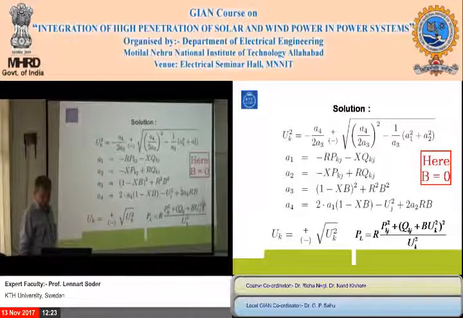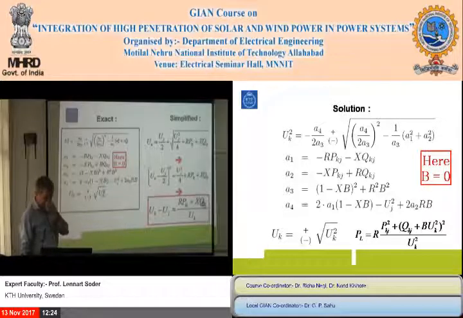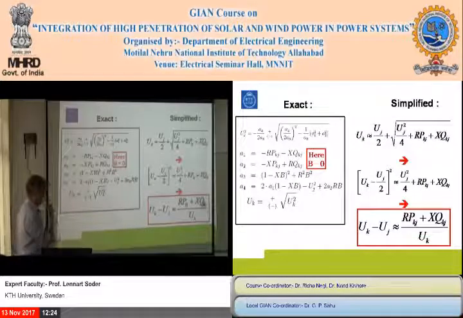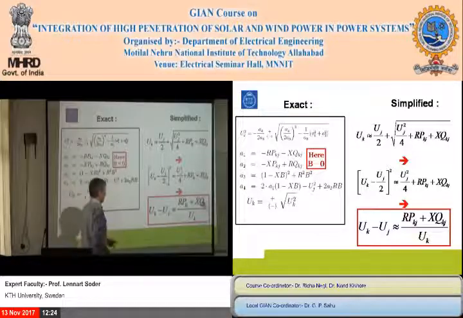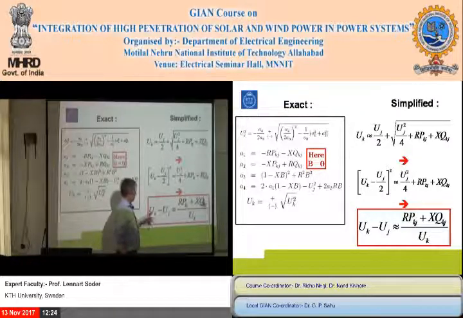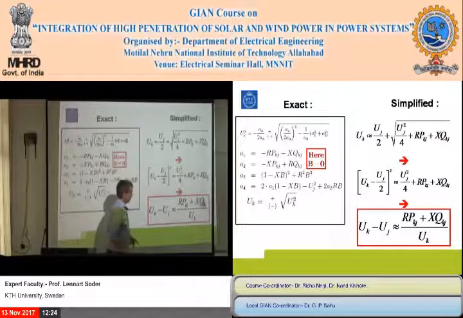Then you have, on the other hand, what we often use in power systems, that we are simplifying things. And then we can simplify it in the following way. This is the voltage drop from the feeding point to the final point, to the wind power plant.